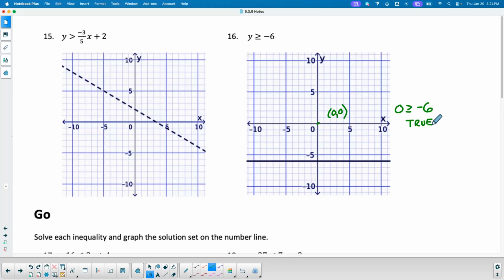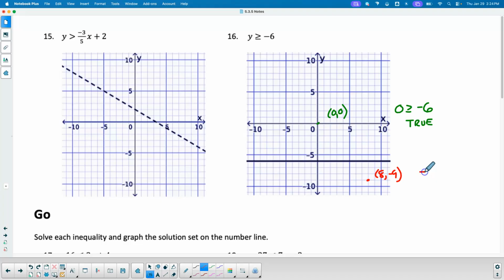On these problems it was also asking you to pick another point on the other side of the line. So in this case, I would pick a point like 0, negative 9. Could be anything. Truthfully, let's get off the 0 for a second, just because I want to show you. Let's go here, so that would be 8, negative 9. When I plug that in, I would plug in 8 for x and negative 9 for y. Again, there's no x to plug in for, so I don't have to worry about that.